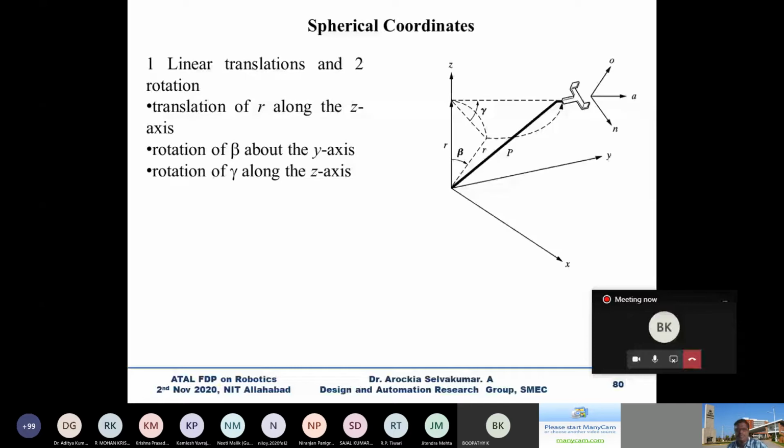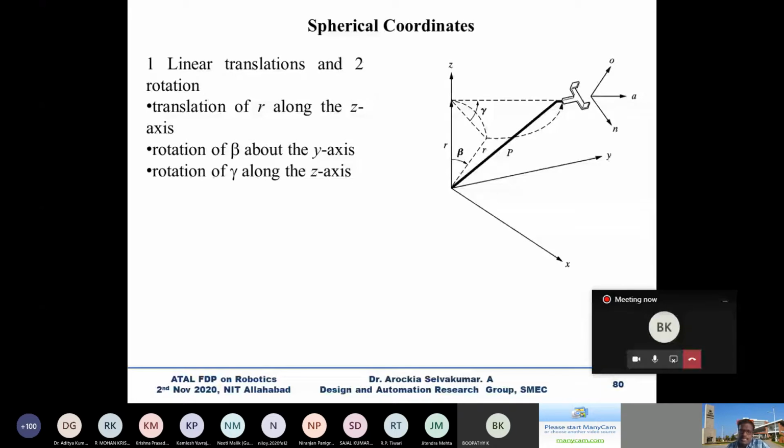As I told you in the morning, in the spherical coordinate, one linear translation is there, and then two rotations are there. So here in this sketch, you can see a translation of R along the Z axis. Okay, the first translation is taking place in the Z direction. Then there is a rotation of beta about the Y axis.